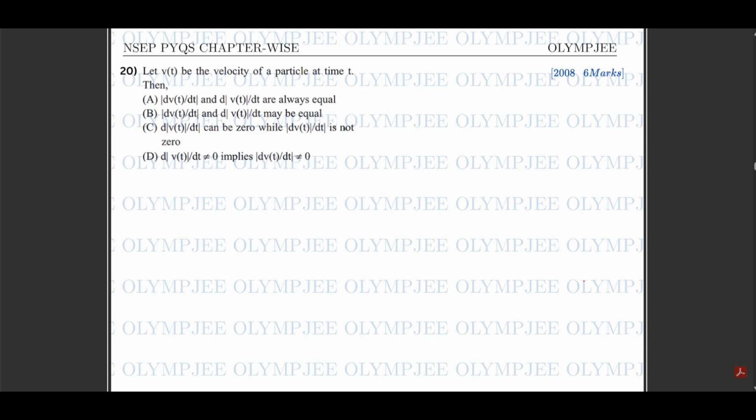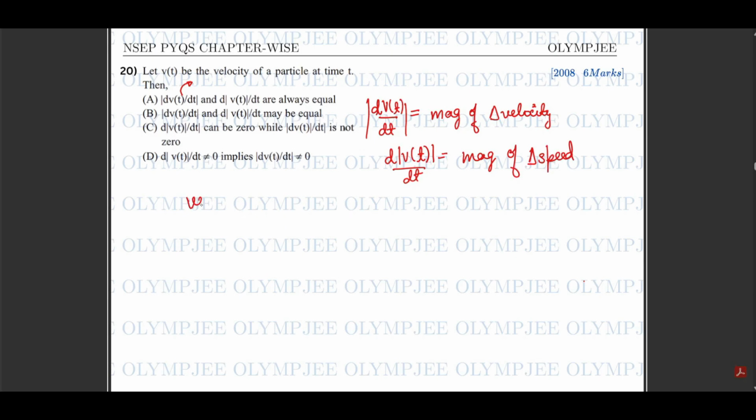Let Vt be the velocity of a particle at time t, then, dvt by dt is the magnitude of change in velocity, and d of modulus of vt by dt is the magnitude of change in speed.